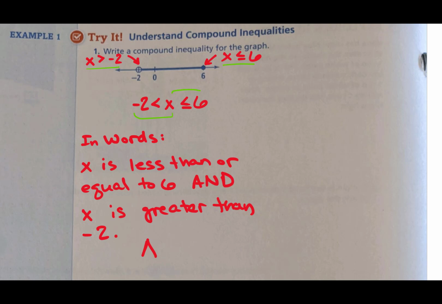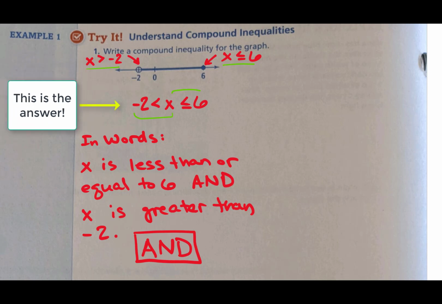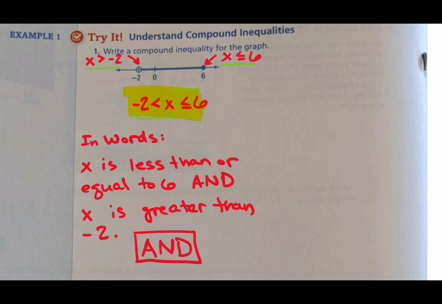So we say this is an example of an and inequality. Now, I'm boxing it to emphasize that's not the answer. So we're emphasizing this is an and, there's two pieces to it. So your final answer is all of this up here. x is greater than -2 and less than or equal to 6.